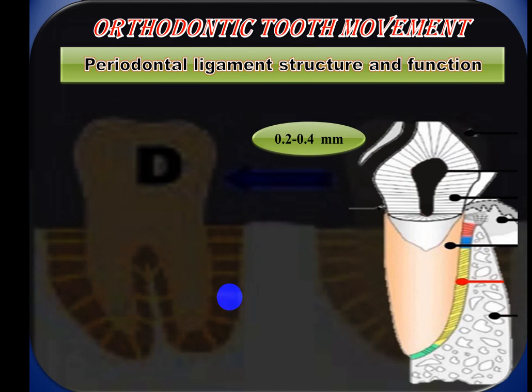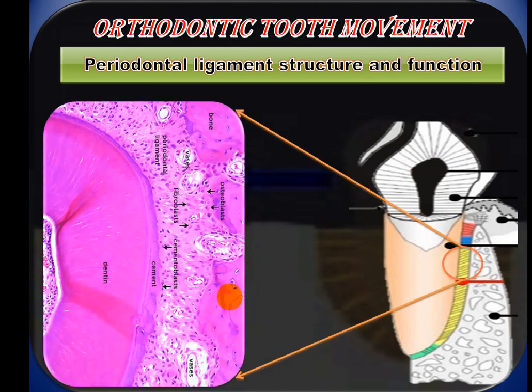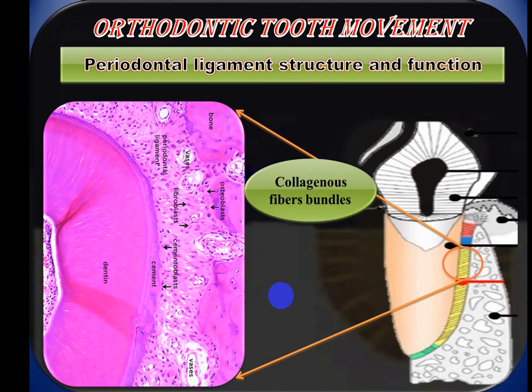As for the components of the PD ligament, if we take a cross-section, this is the pulp, this is the dentine, this is the cementum, this is the area of the PD ligament space, and this is the alveolar bone of the socket surrounding the tooth. The first component of the PD ligament includes the collagenous fiber bundles.